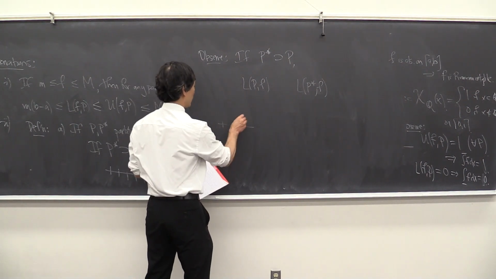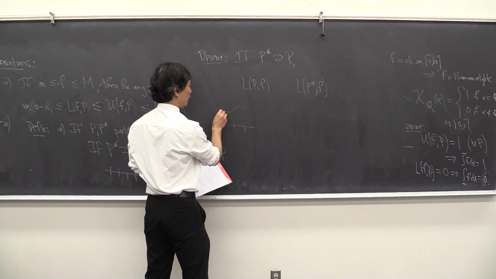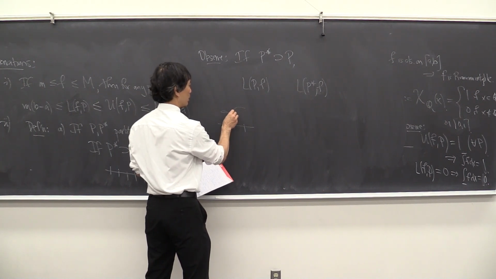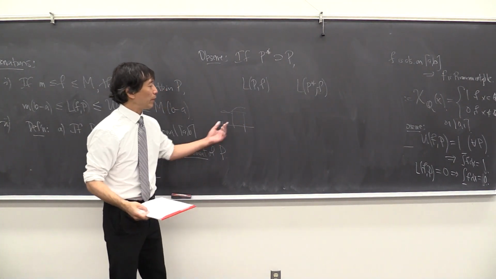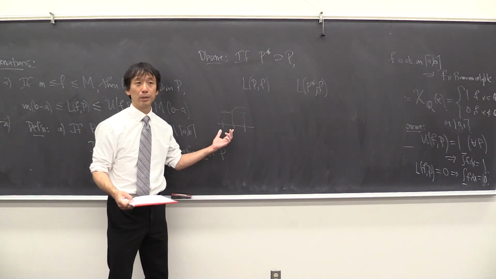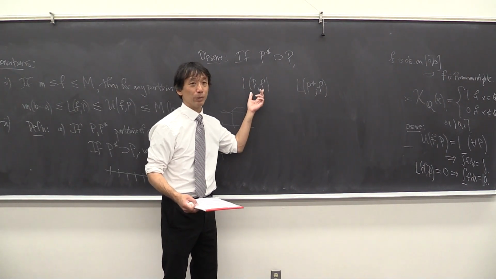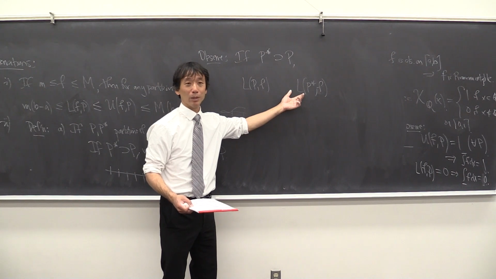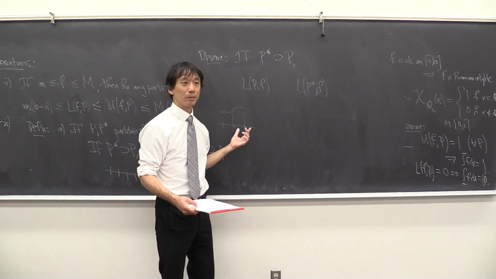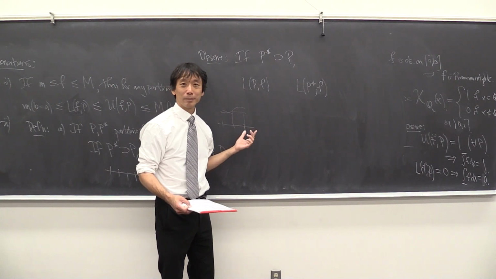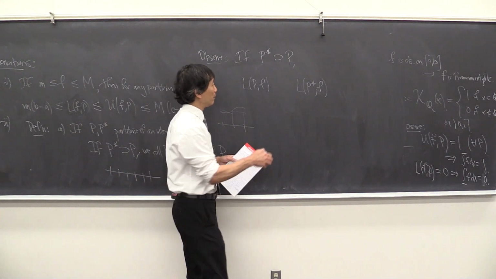You have a lower sum, and then you refine it. What happens to the lower sum? Is the lower sum of the refinement bigger or smaller? It'd be bigger or equal to? Bigger than or equal to, yep.